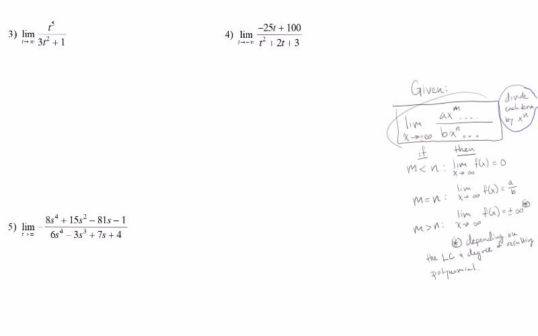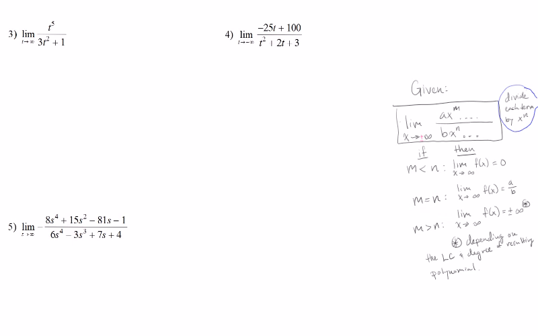We have a polynomial on top, where a is the leading coefficient and m is the degree, and a polynomial on the bottom where b is the leading coefficient and n is the degree. Then we can evaluate if m is less than n, equal to, or greater than n.